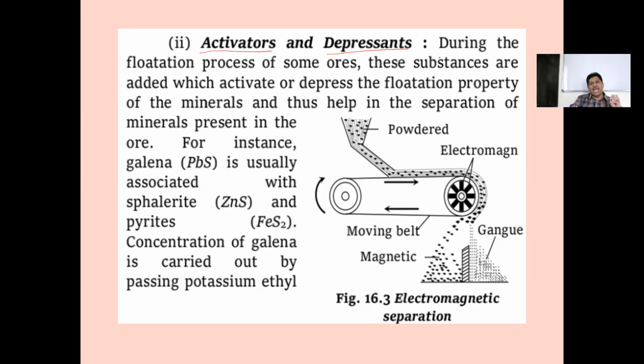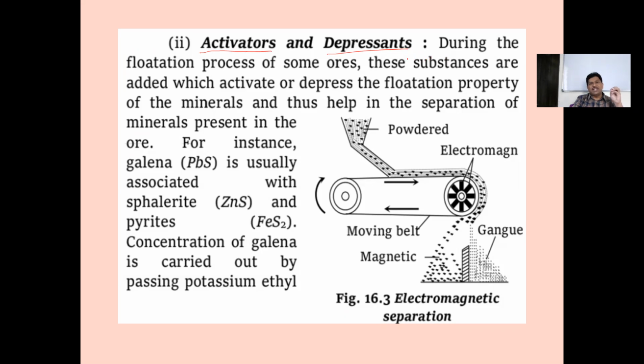So when we add some oil to the suspension of the ore powder mixed with water, that is the slurry, through that suspension of ore powder in water we pass some air under high pressure.